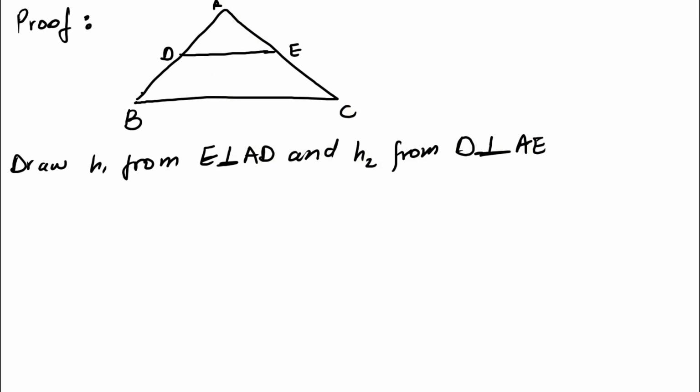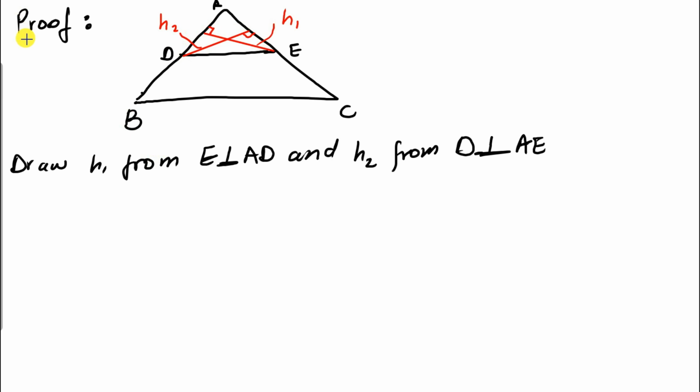Let me use a line here, make it thin. And then I'm going to use another one here. Remember, we have said perpendicular. So this line here, we called it H1, while this one here, we called it H2.